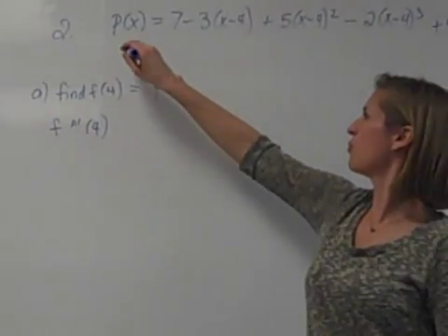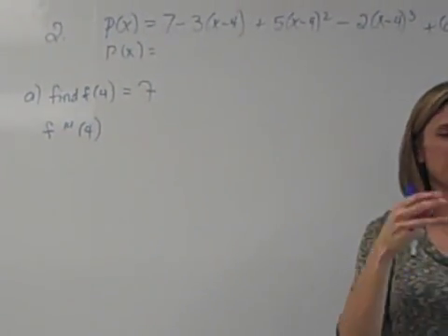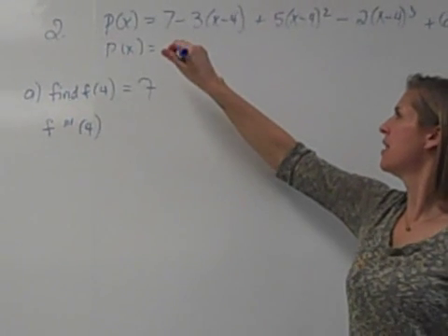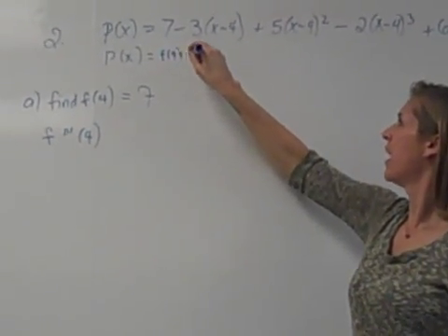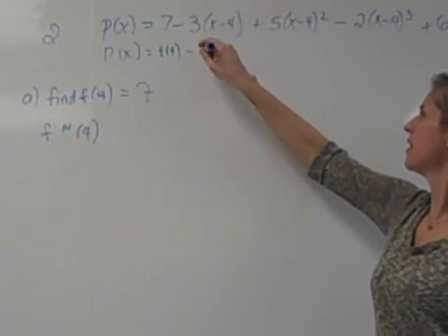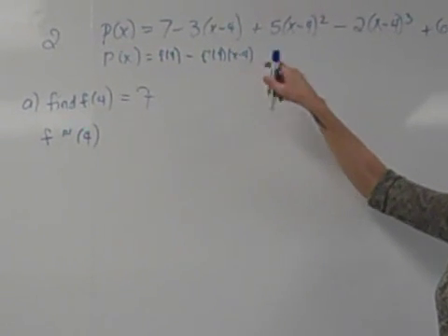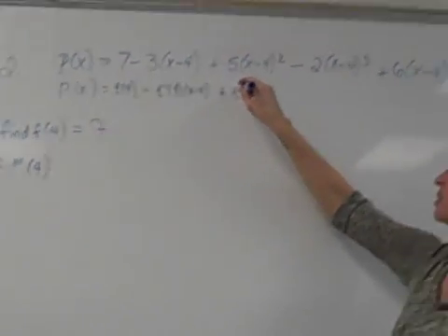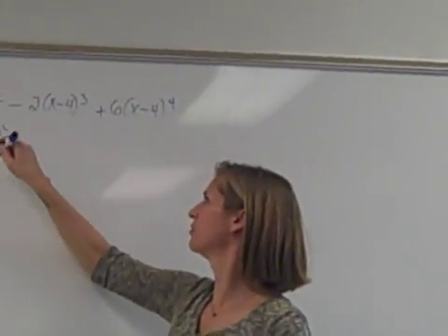I went below this polynomial and wrote out the formula so that I could see what I was looking at. For example, I know that this is f of 4. I know this is supposed to be f prime of 4 times x minus 4. This is supposed to be f double prime of 4 times x minus 4 squared over 2.